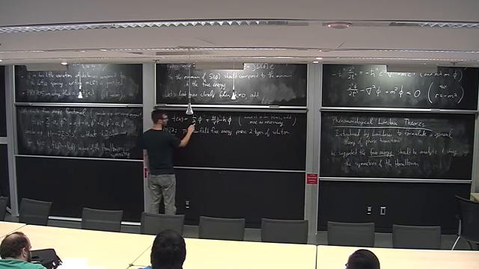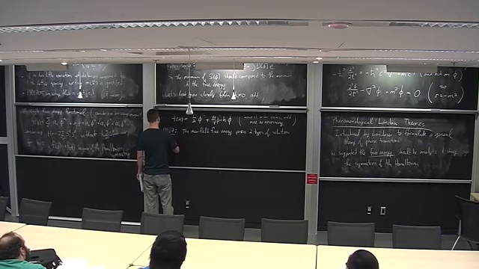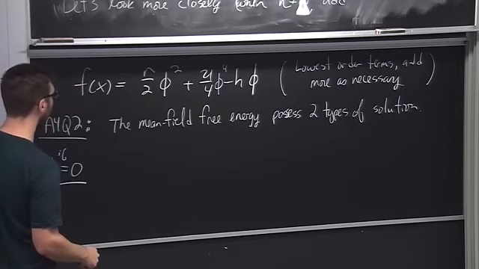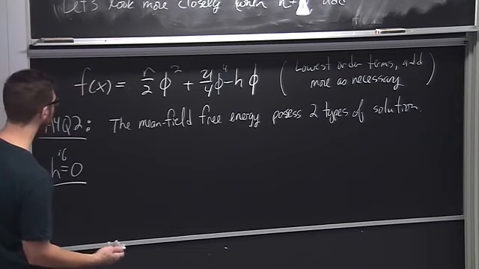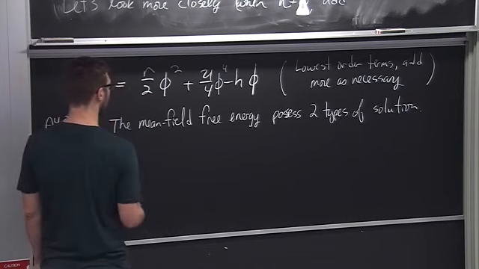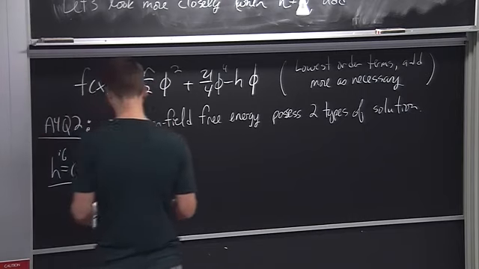As you're doing on the assignment, if your h equals 0, then the minimum of the free energy basically has one solution for R positive and one solution for R negative.